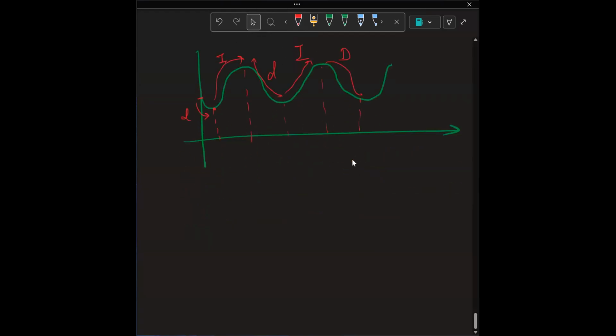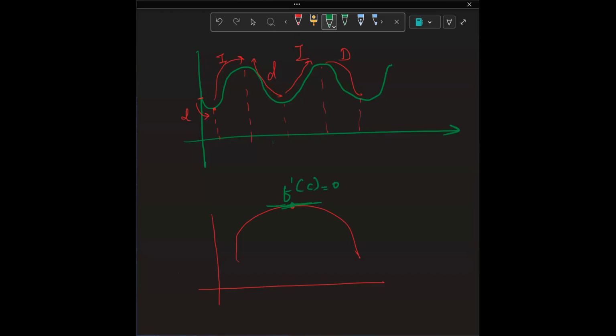And why is it increasing and decreasing? There is a reason for that. When you draw this graph, here your slope is, sorry, not constant, your derivative is 0.